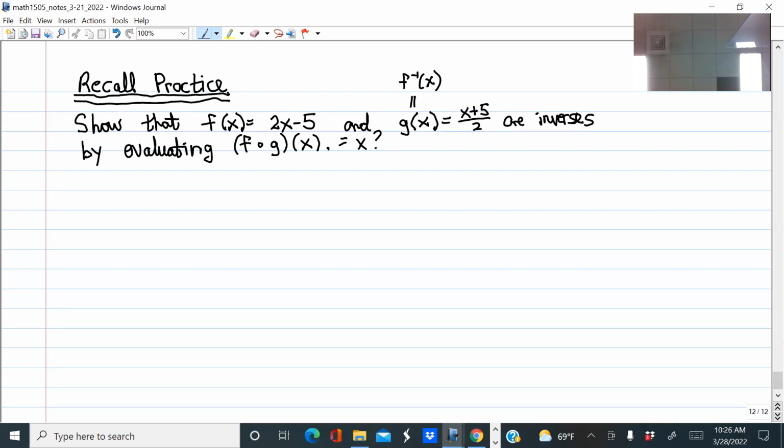That's really important. Yeah, it's supposed to be x. There's supposed to be inverse. Yes, this is the right one.